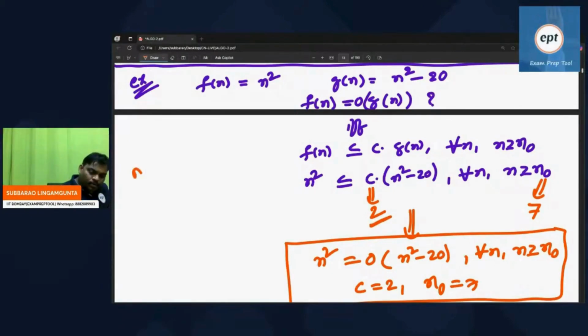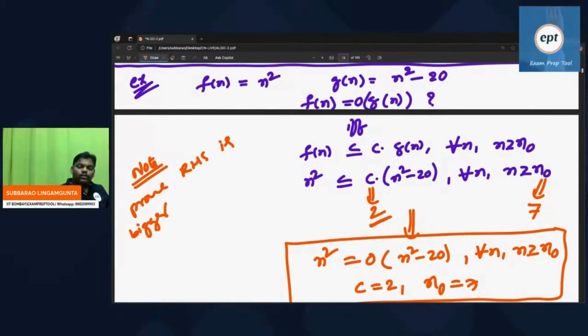Some people are asking, what is big O? Prove that the right hand side is bigger with the help of c, where c means a constant.